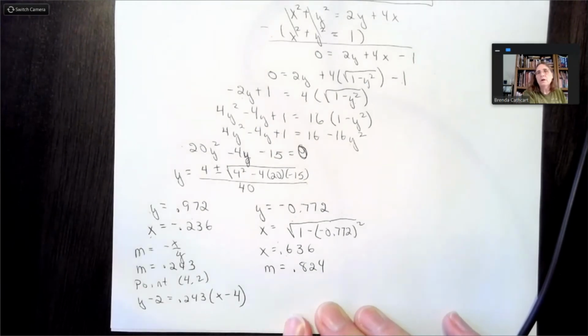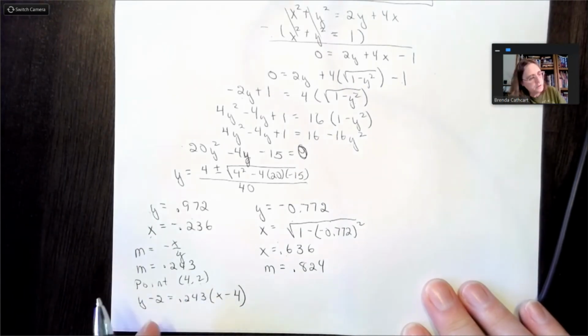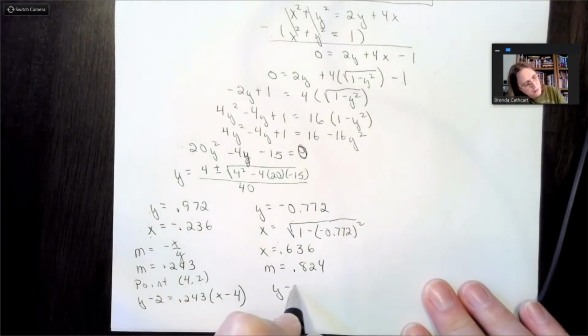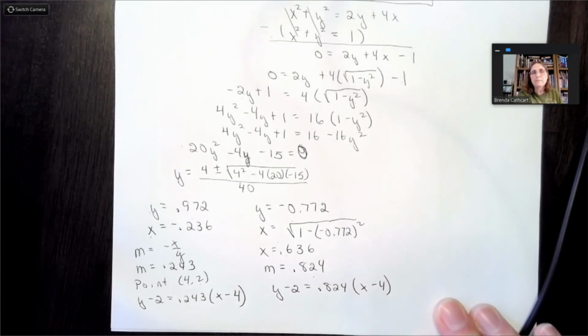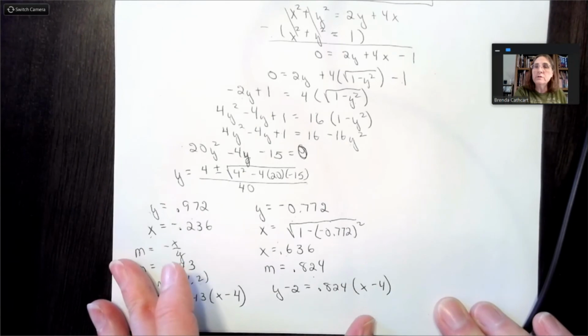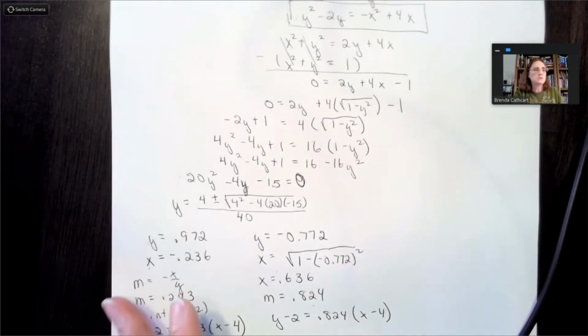And we can convert that to slope-intercept form if we choose. Our second line, again using our point (4, 2), is going to be y minus 2 equals our slope of 0.824 times x minus 4. And that's how we find the equations of two tangent lines to a circle from a point outside the circle.